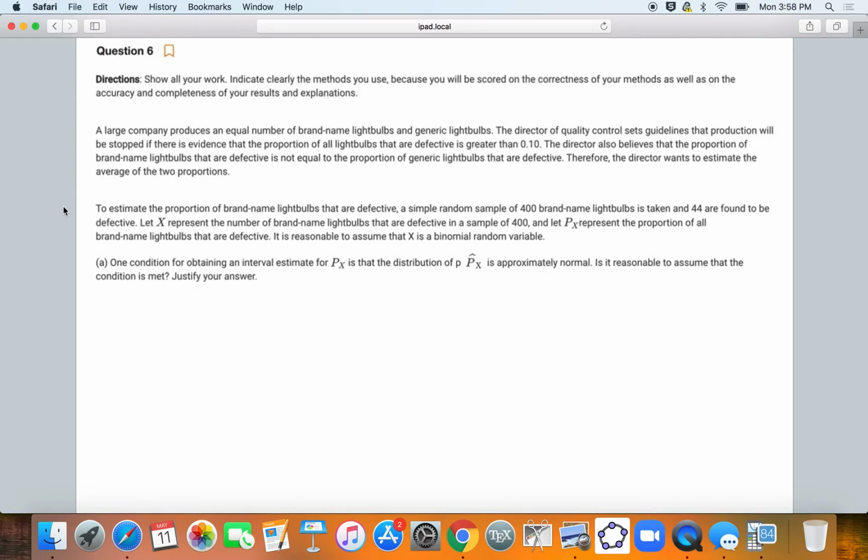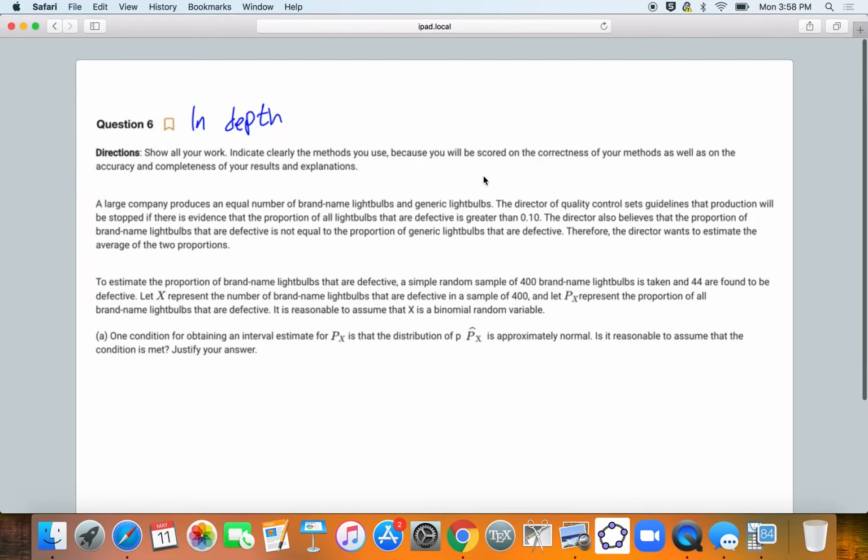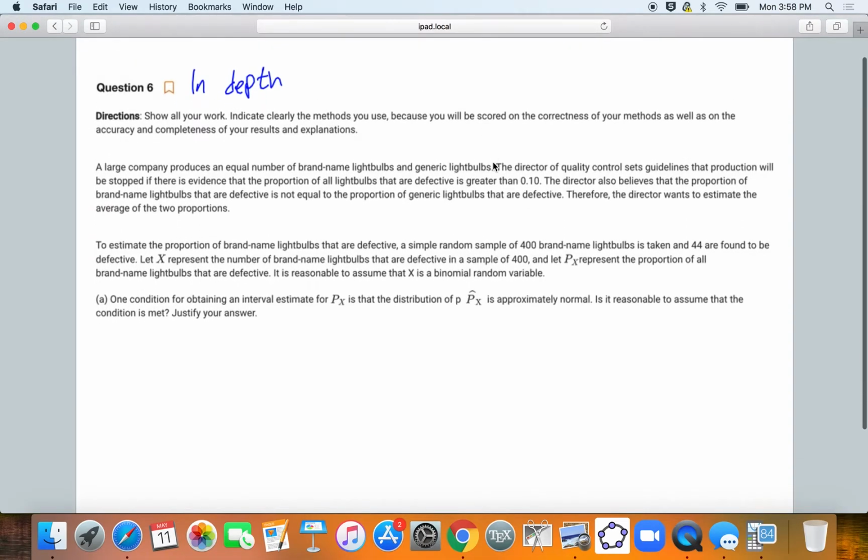And then they'll have one that's more in-depth that takes 25 minutes. And that one, they'll go beyond the normal understanding of the curriculum. They'll try and stretch your intuition. So you might see some unfamiliar sort of statistics in there, and that's what this one is. So I'm going to talk you through how to do this one.